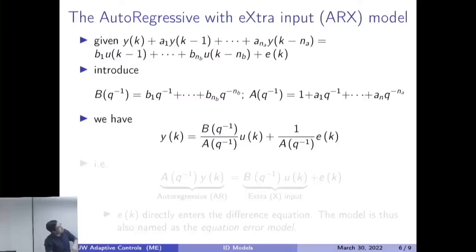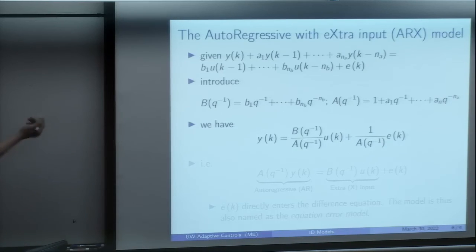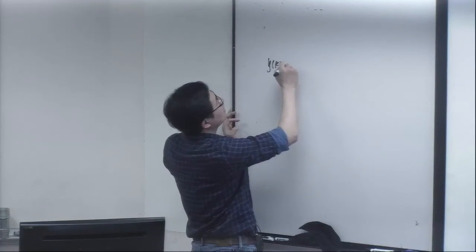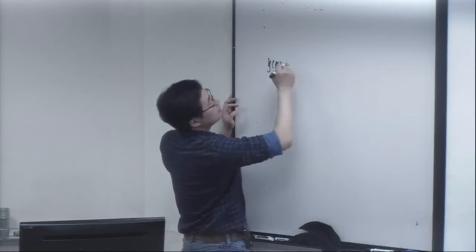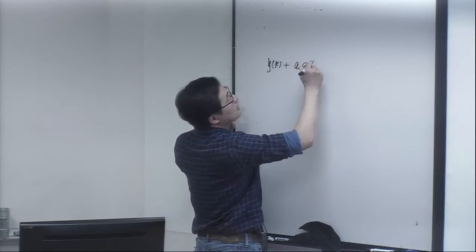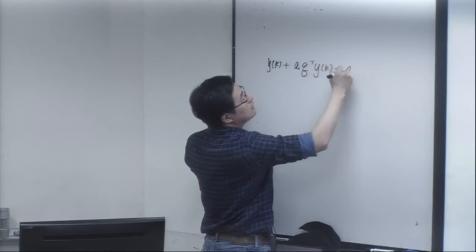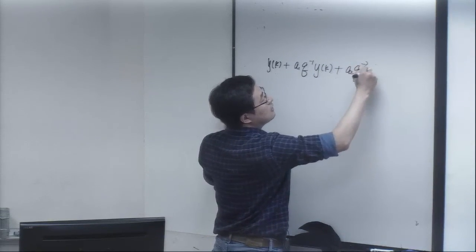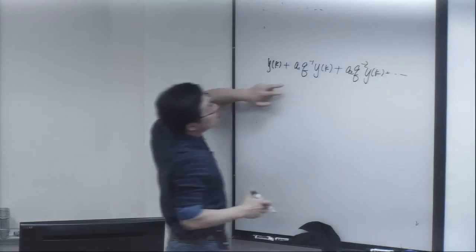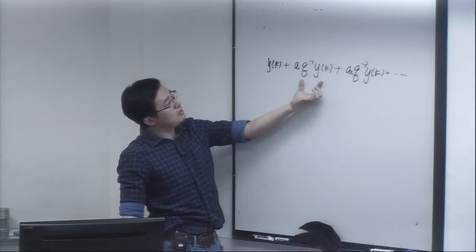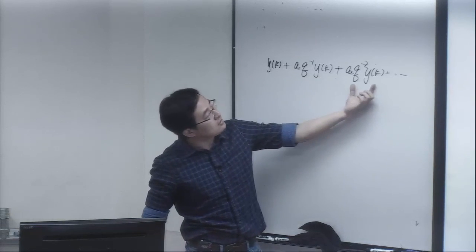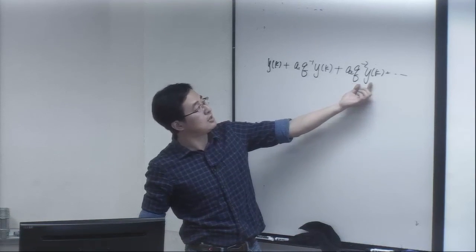All right. I will wrap up quickly by giving you some hints about how this is related. Basically, it's the same, just apply the shift operator. The difference equation basically means this, right? When you have y_(k-1), it is nothing but q inverse times y_k. y_(k-2) is nothing but q to the power of negative 2 times y_k.